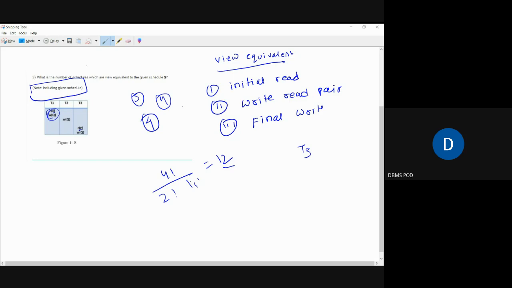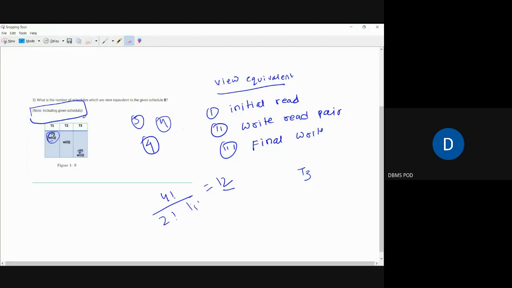Because, so actually T1, so T1 is doing the read and the WQ.